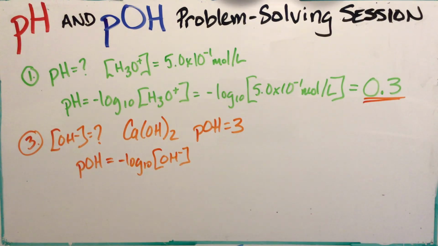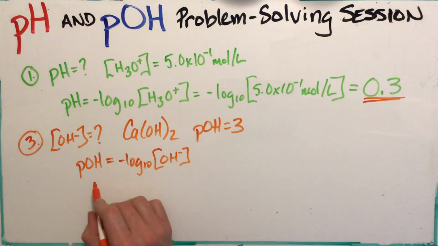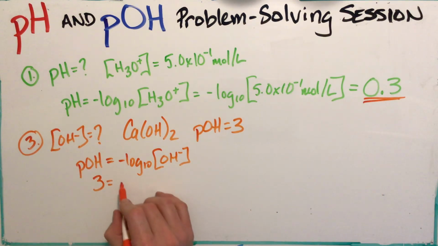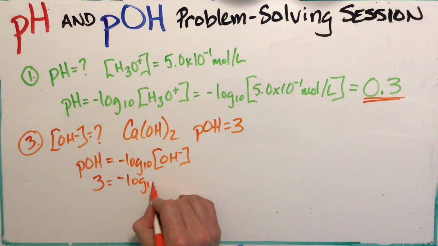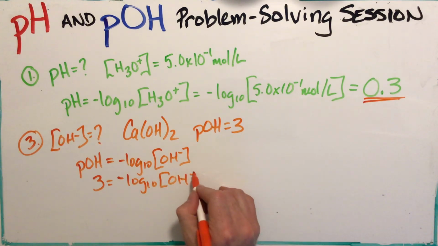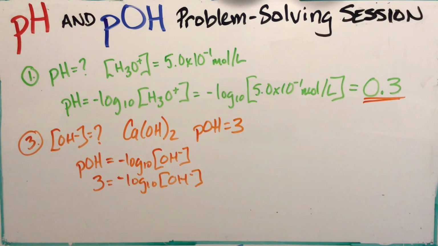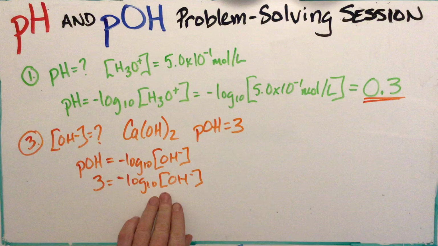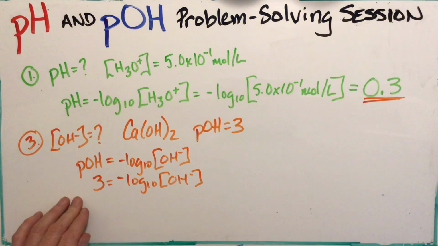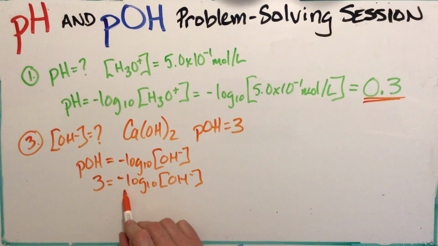There's my formula. Now, if you're thinking about it, what you were given was this. So you pop in the 3 there, negative log 10 of the OH negative concentration. Now, this is what kind of trips people up. It's not like this is multiplied by 100%, so I divide by 100% over here. This logarithm to the base of 10 is the part that's tricky, right?